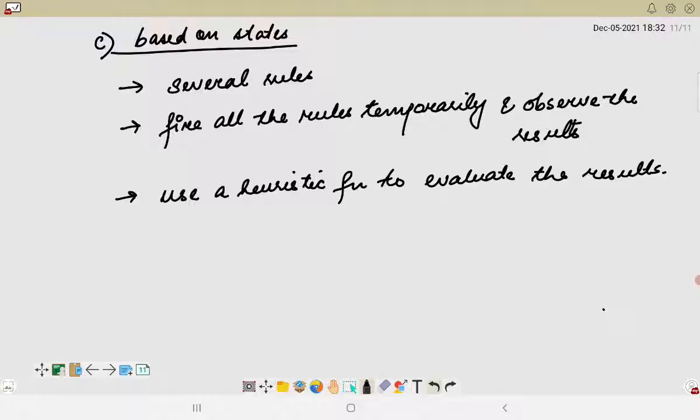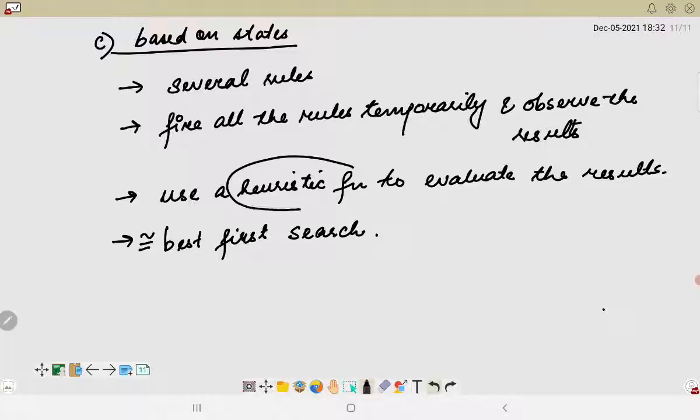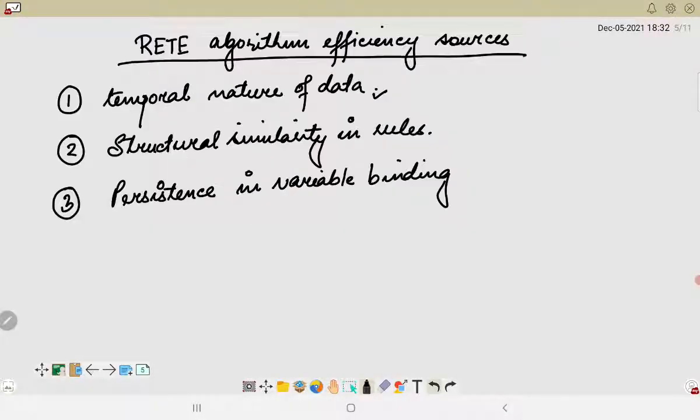It is very similar to the best first search procedure, which we have already discussed, where we have different rules, fire all of them temporarily, observe the results, and use a heuristic function in order to evaluate the results.